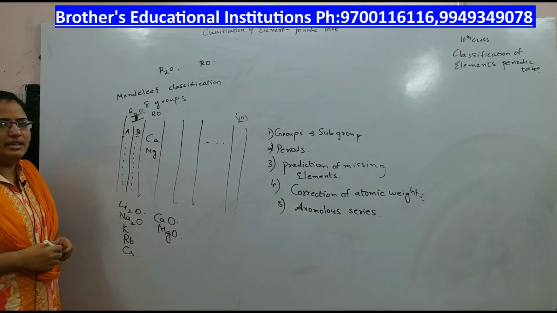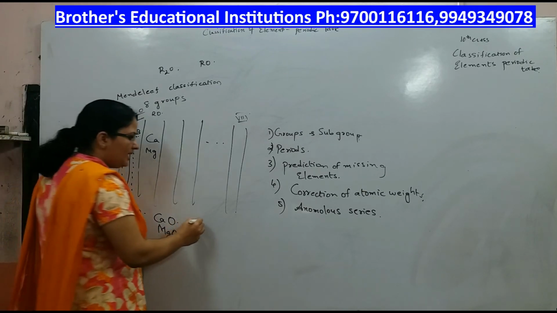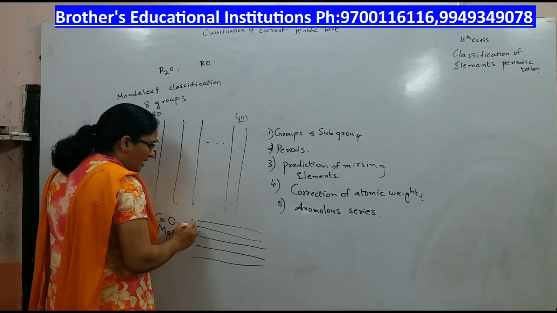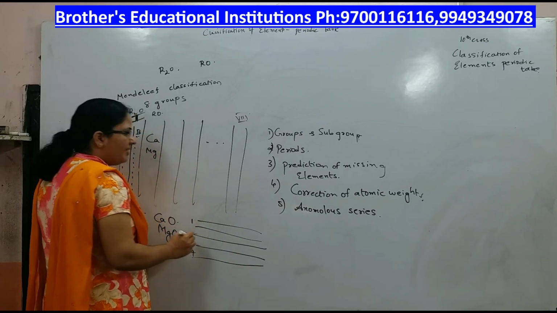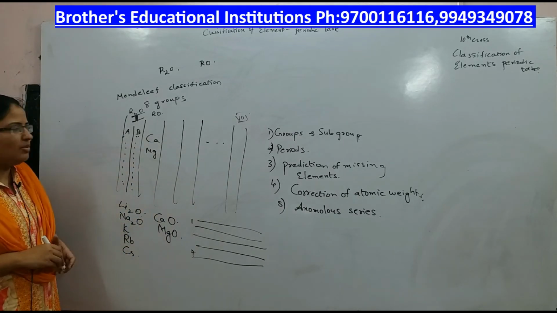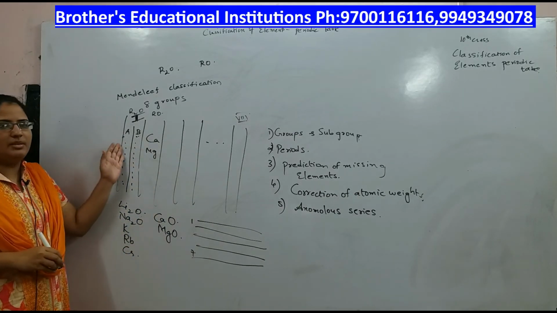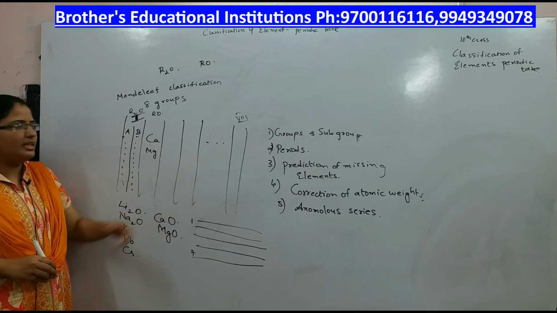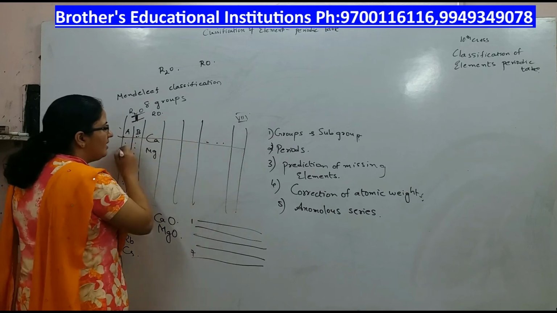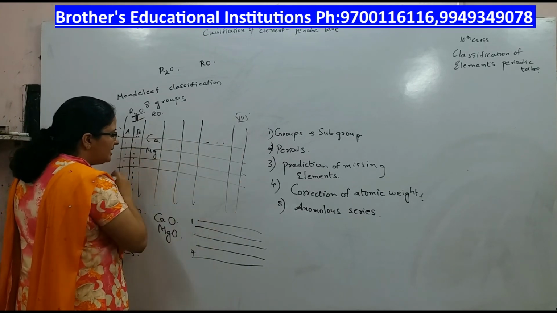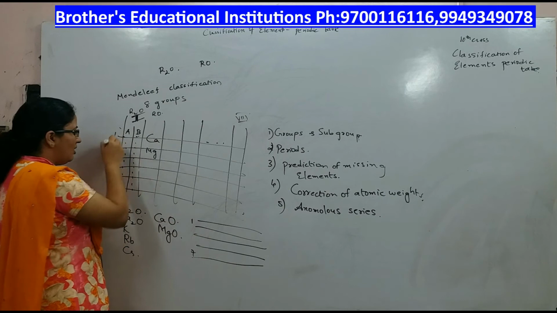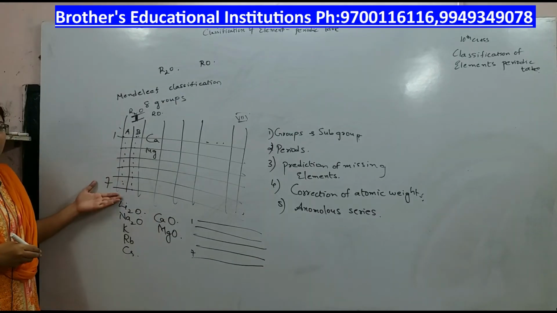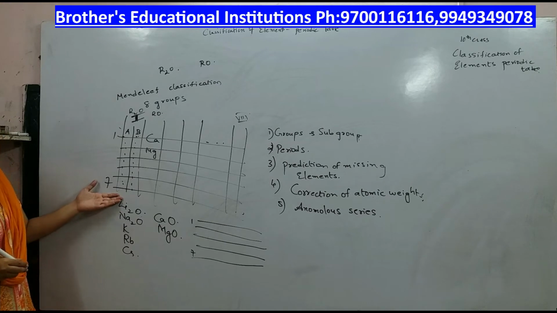Next, when he arranged it in this format, he got 7 periods, represented by Arabic numerals 1 to 7. The elements in a group match more with each other, whereas the elements in a period do not match, but they cover an entire range of elements. He got these 7 periods when he arranged the elements in the increasing order of their atomic weights.